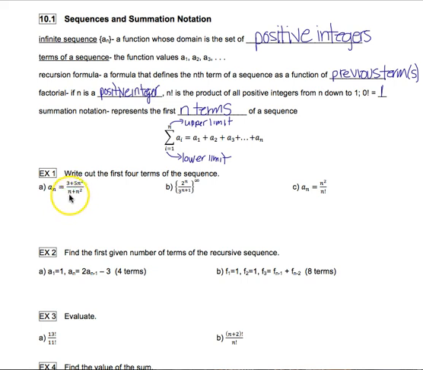So that means I'm going to plug in 1, then plug in 2, then plug in 3, then plug in 4, since it asked for the first 4 terms. So 3 plus 5 times 1 squared over 1 plus 1 squared. So on the top, that gives me 8. On the bottom, that gives me 2, which simplifies to 4.